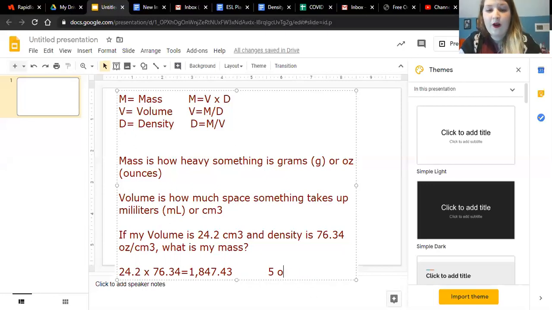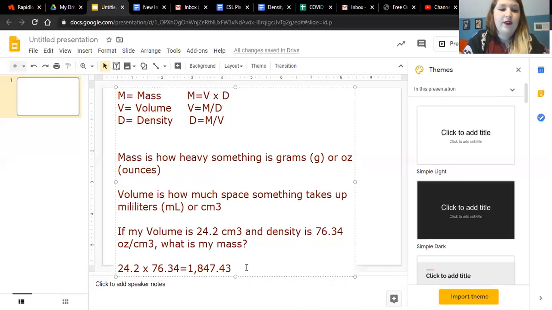Anything 4 or less, you go down. That's why this is my answer. Now, can't forget the variable. And our variable is set right here in our density. So our variable is oz, and this is our final answer. So nothing too bad, as long as you guys know the formula.